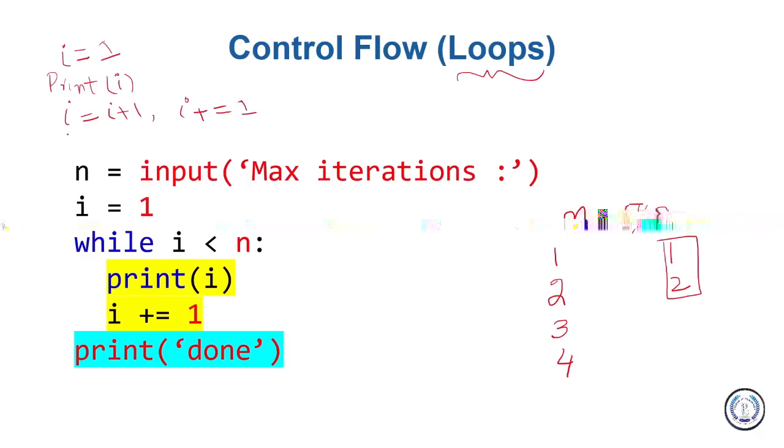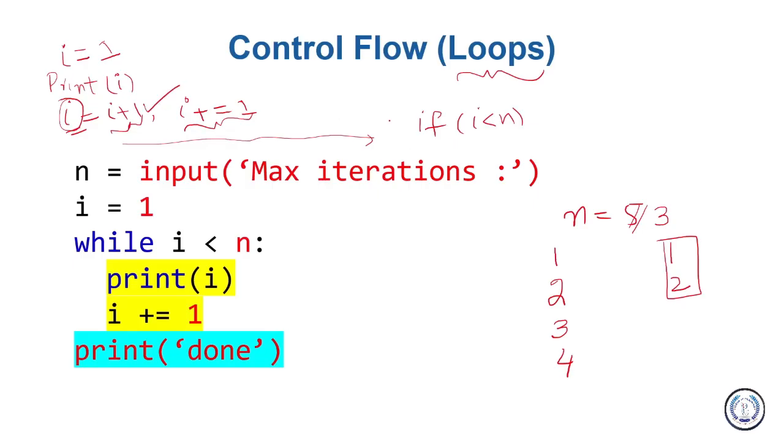That means in I store I plus 1. This is the short form of writing this. And then after that you apply an if condition: if I is smaller than n, you keep on printing, and after printing you increment again, then check the if condition and keep on moving.